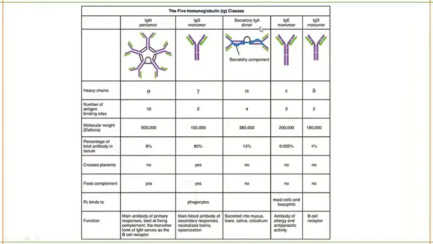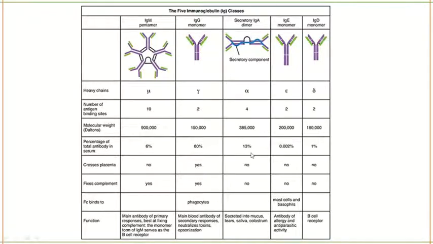Okay. Next is IgA, alpha. It is a dimer. Dimer means it has two subunits, I mean two monomers. Okay, two monomers will be there. You can see here they are linked with each other using the J chain. Okay. So since it has two monomers, which means dimer, it will have four antigen binding regions. 2 into 2, 4.